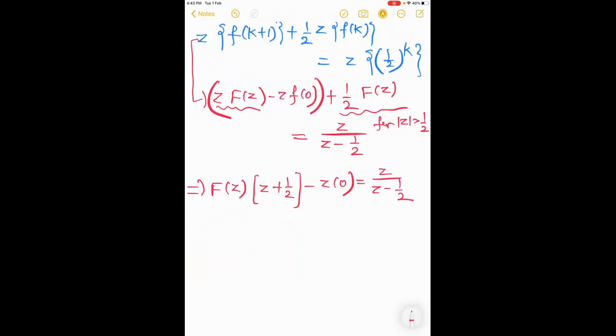We are interested in F of z, so F of z becomes z upon z minus half into z plus half. Am I right?